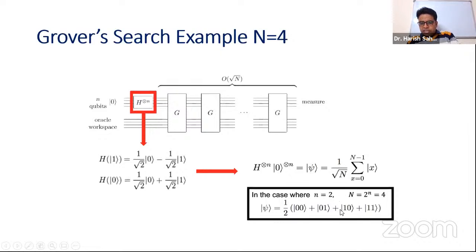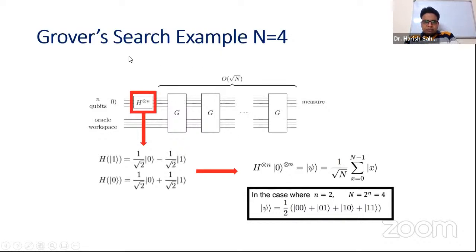Suppose after this iteration the amplitude of the other 3 states has decreased and the amplitude of this state 10 has increased to 1. If the amplitude of 10 is 1, then the amplitude of the other 3 states will be 0. On measurement, we will get 10 only. In the ideal situation, if we perform this operator and measure, the amplitude will increase such that only this state will remain. That is our answer after application of the Grover operators.